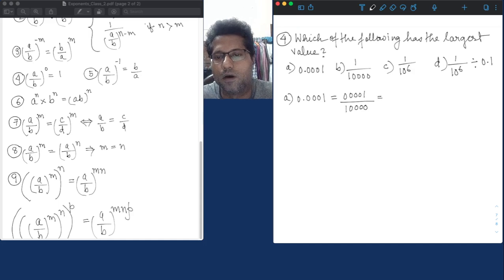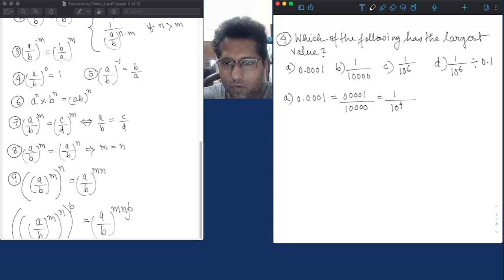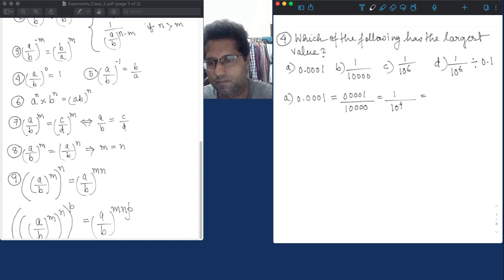Now this is nothing but 1 by 4 zeros, that is 10 to the power 4. So this is 1 by 10 to the power 4, and it's a reciprocal of 10 to the power 4.